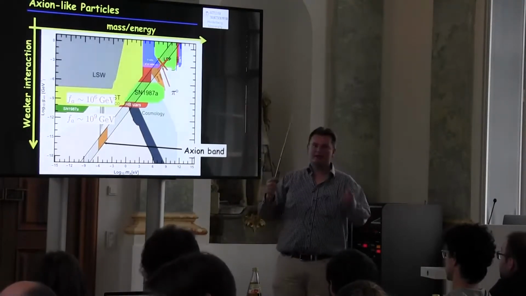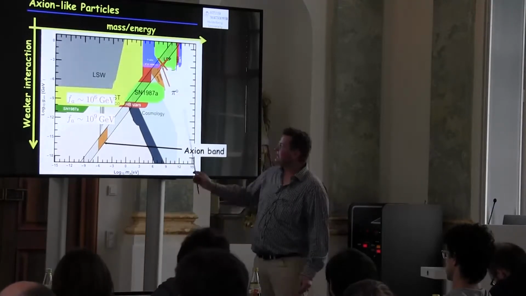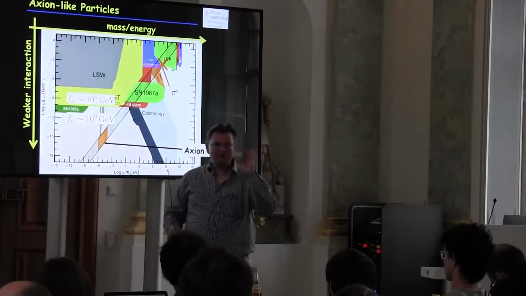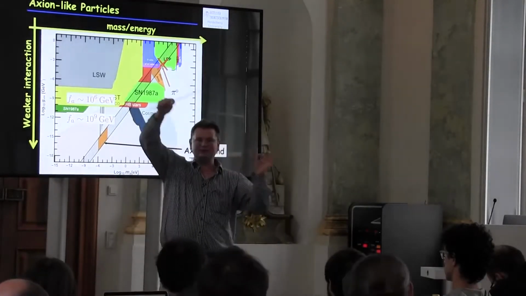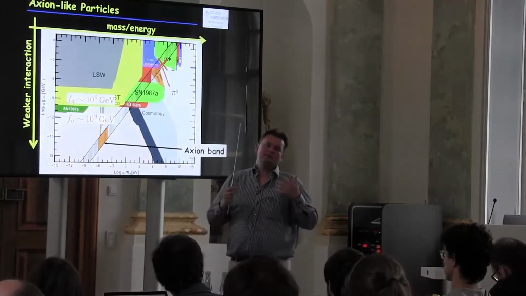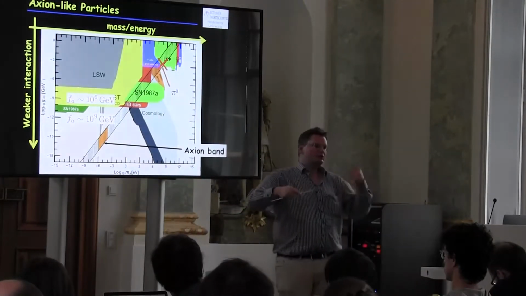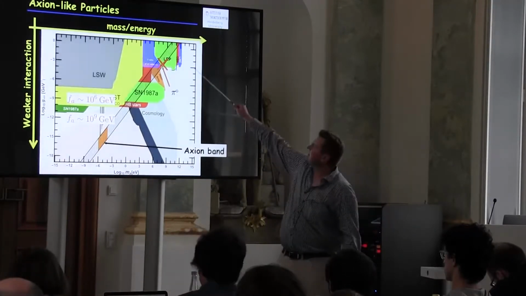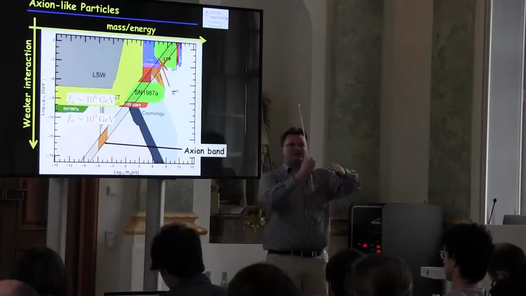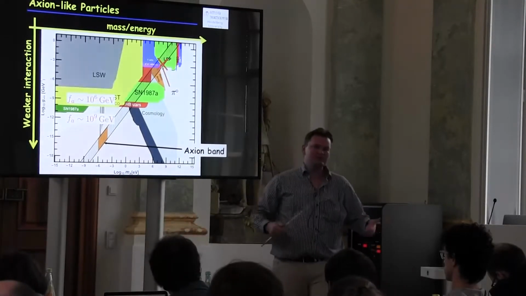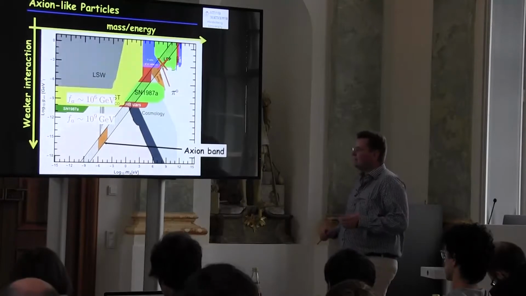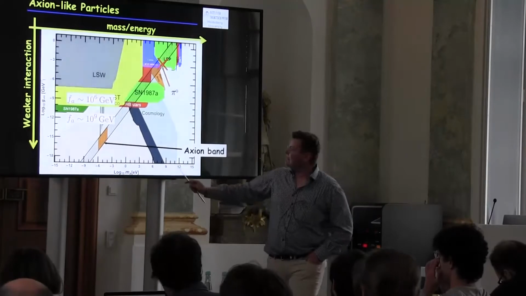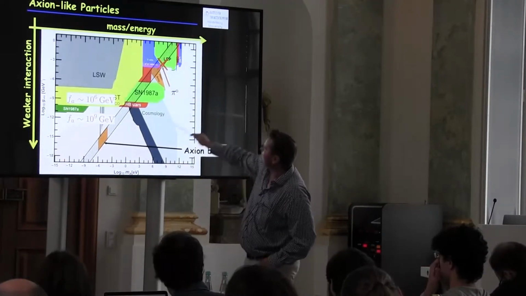Basically lives on the line because coupling and mass are directly related. For the gluon coupling, this is really a one-to-one relation, and this line is really infinitely thin. For the electromagnetic coupling, you can choose some charges in the underlying model, so there are some model dependencies, and that's why this line is actually not a line, but a band with a factor of a few to maybe, at the extreme, a factor of 10 in both directions of variability. But essentially, QCD axions live over here.